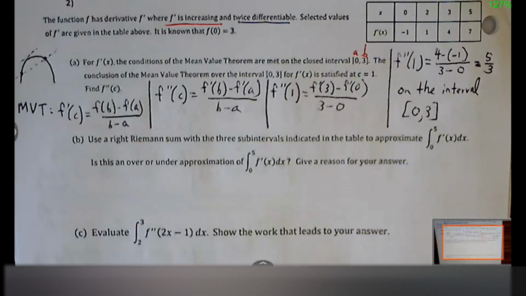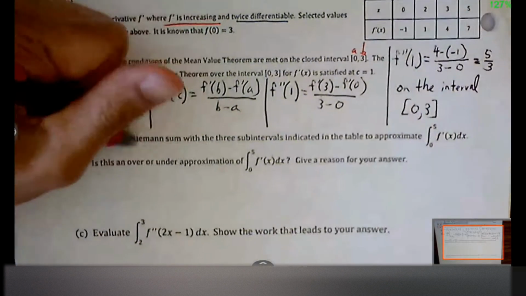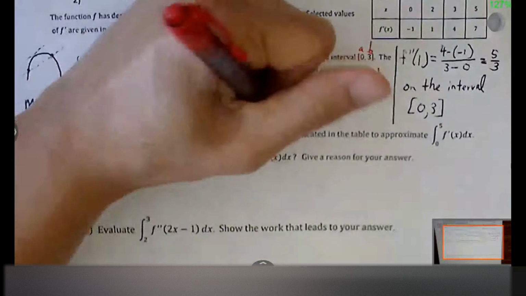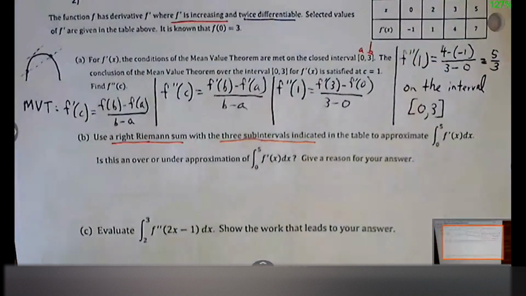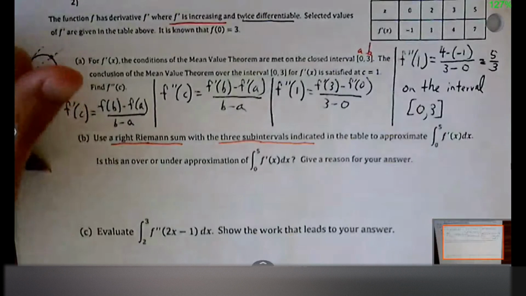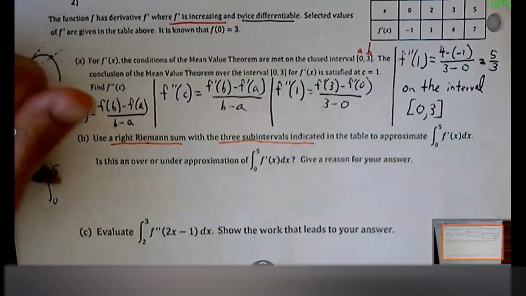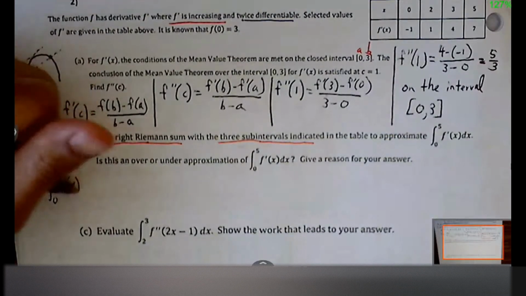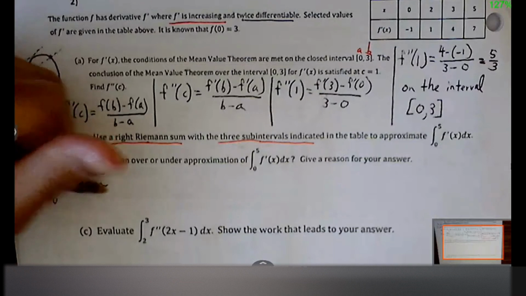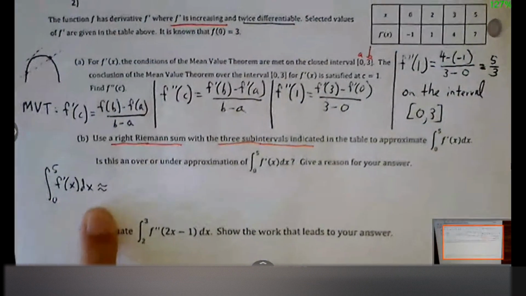Okay, questions with A? Part B, use the right Riemann sum with 3 subintervals. Approximate the integral from 0 to 5 of f prime. Squiggly line to indicate we're dealing with approximation.